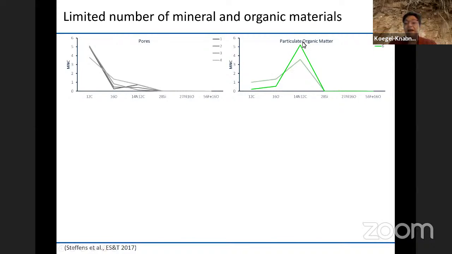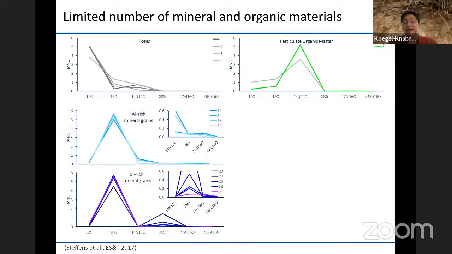The pores, I should mention, the gray, this is the resin that can be differentiated. It's of course a carbon-rich material, but we can differentiate between the resin carbon and the organic matter carbon in soils. Particulate organic matter is rich in carbon and nitrogen.